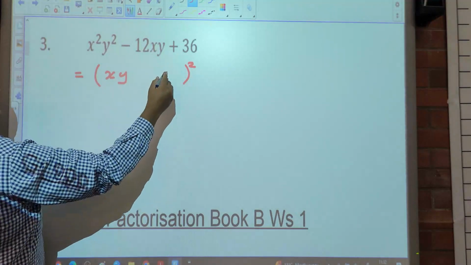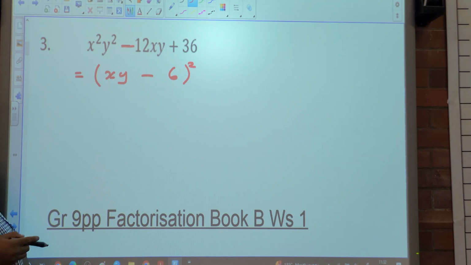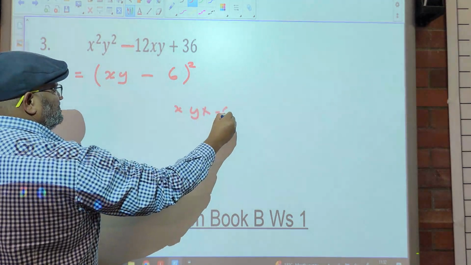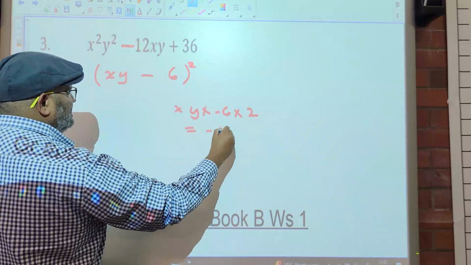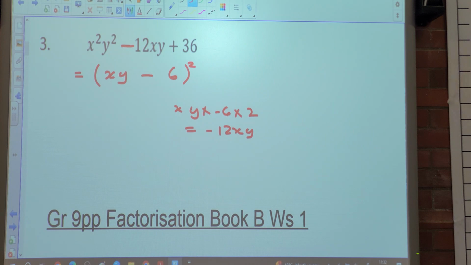What's the square root of 36? 6. Then we take the sign in the middle term. Let's check if the middle term works. So it's xy times negative 6 times 2, which is negative 12xy. Okay, you guys understand? You all understand? Okay.